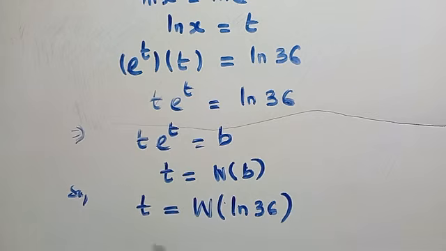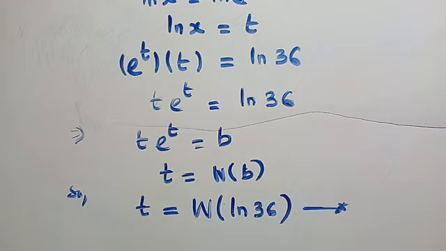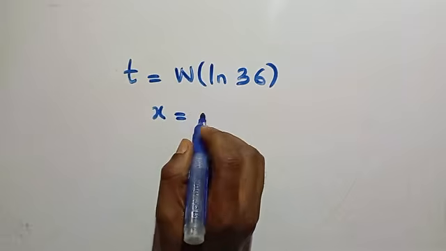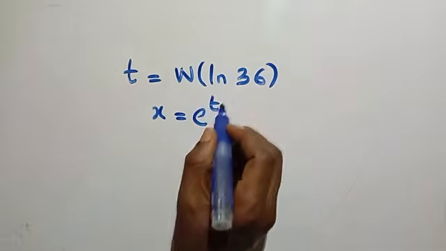All right. So if this is clear, we got the value of t already, but we need x. Let's substitute back into where we let x equal exponential of t. All right, so we have x equals exponential of t.